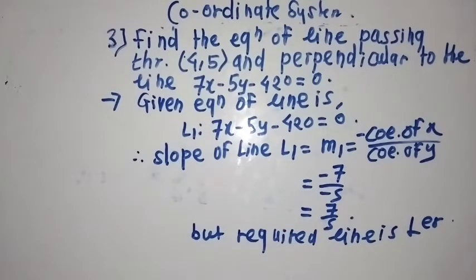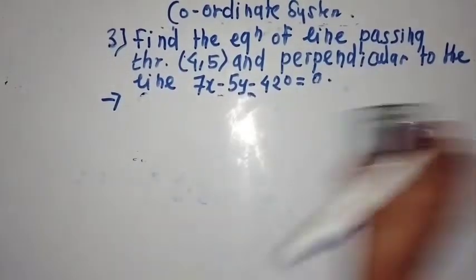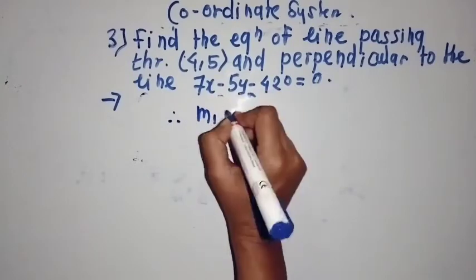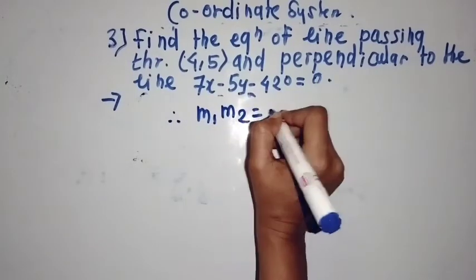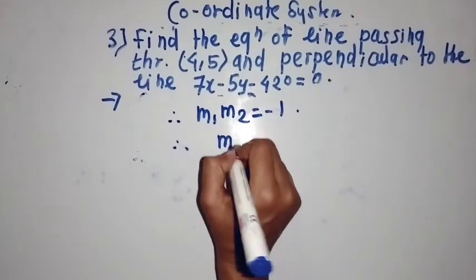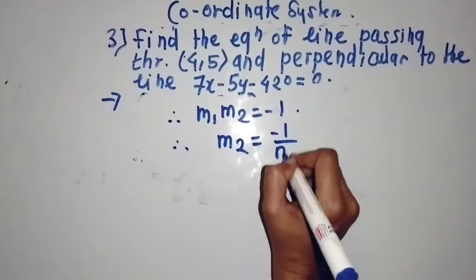Hence if the lines are perpendicular, m1 into m2 is equal to minus 1. Hence first we find m2 is equal to minus 1 upon m1.